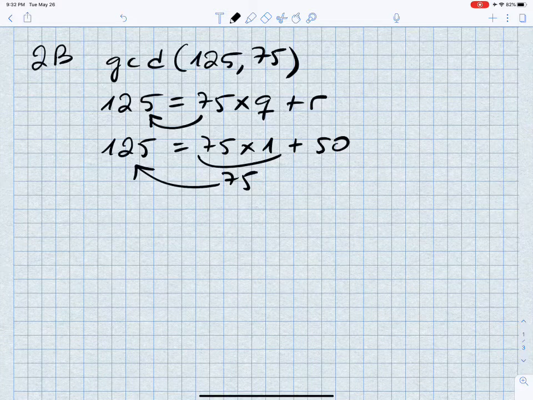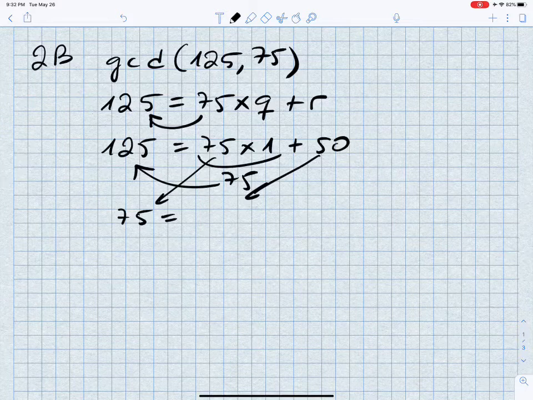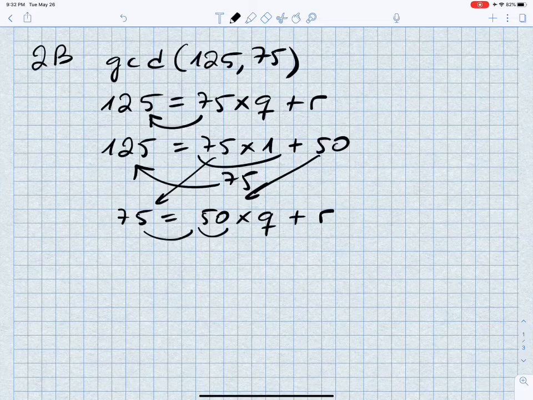Okay, so now we repeat the process. Okay? So we move 75 to the left-hand side, and we move the remainder to where the 75 was. So this becomes 50 times some quotient plus some remainder. All right, so how many times does 50 go into 75?